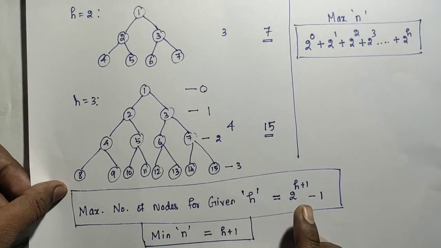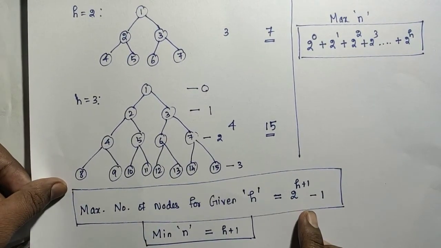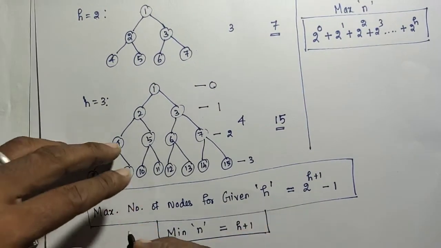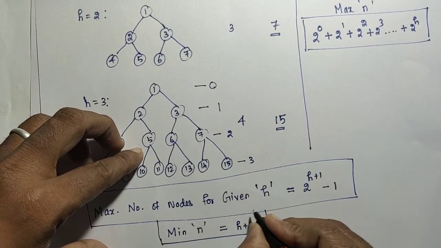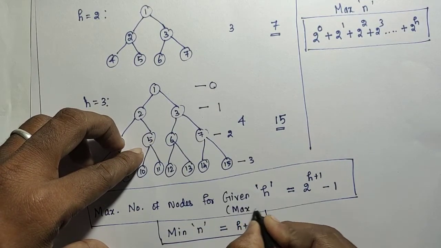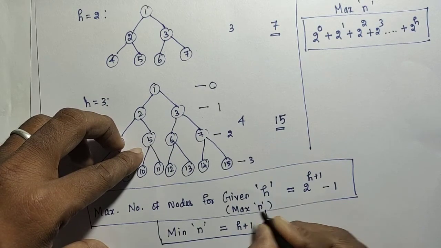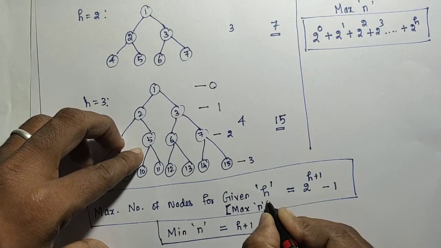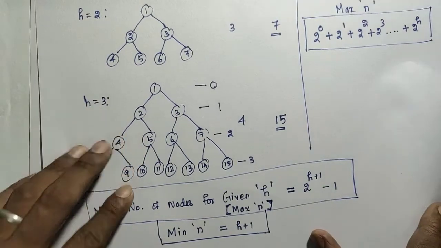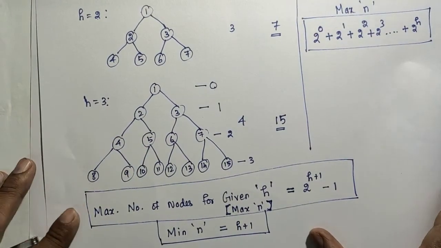If the height is given, you are finding the maximum number of nodes, so the maximum n value here. Similarly, if n is given as an input.